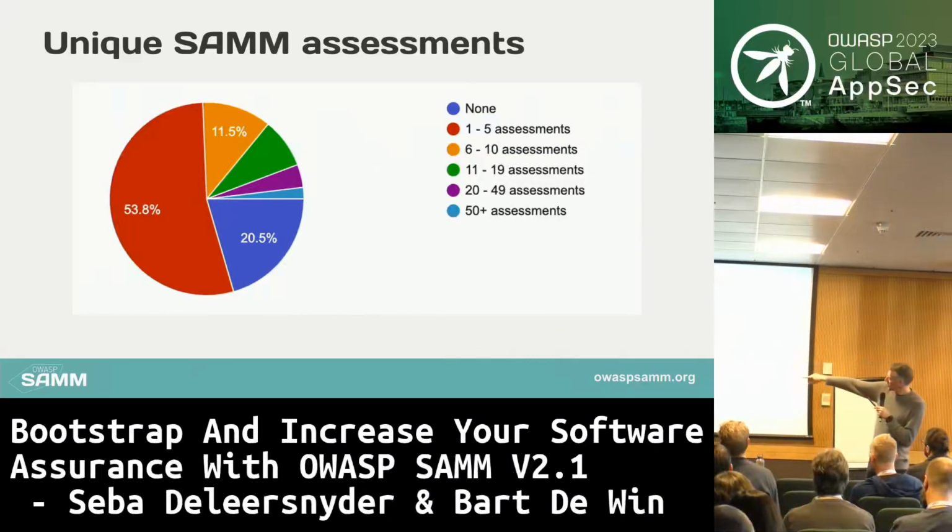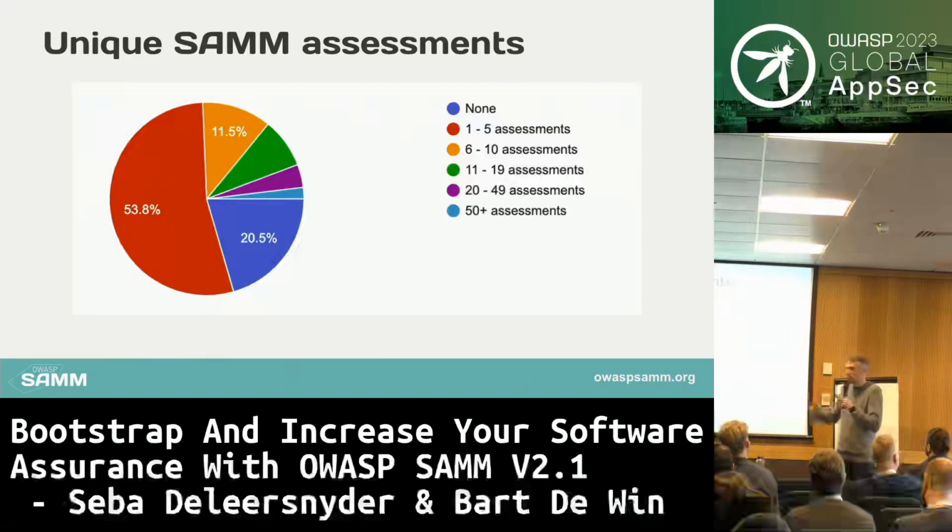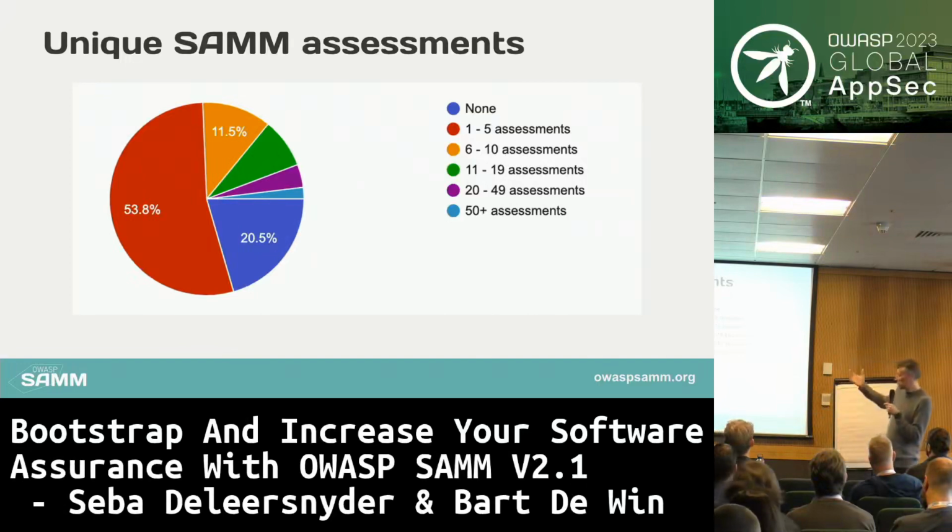That's probably around 20%. And then there are some groups of people that have been doing more assessments, maybe in different business units of an organization. If you have an organization with 10, 15 business units, you might want to do an assessment for every business unit. Maybe it's a yearly recurring thing, or maybe it's consultants having lots of different clients. That might be the case. We don't know.